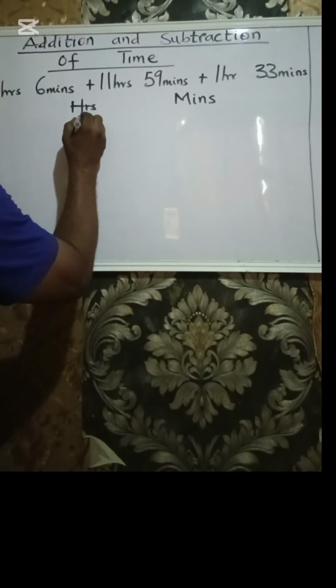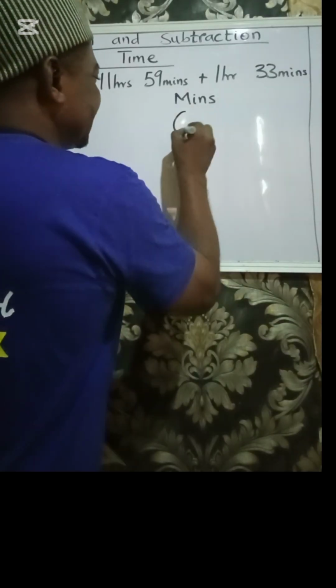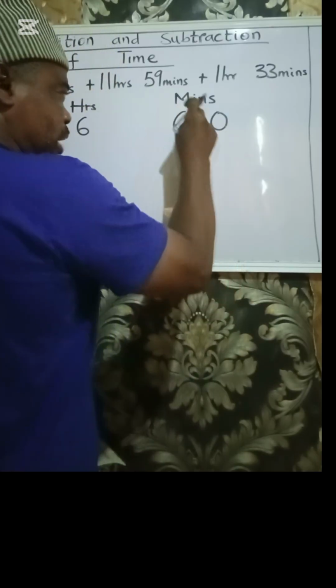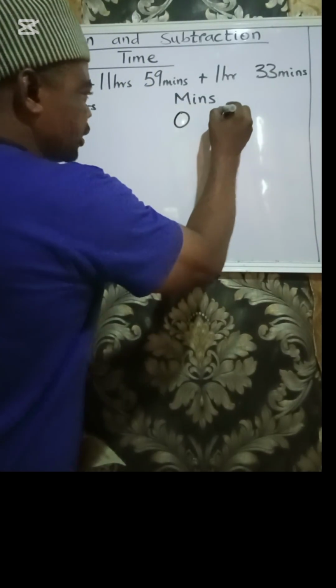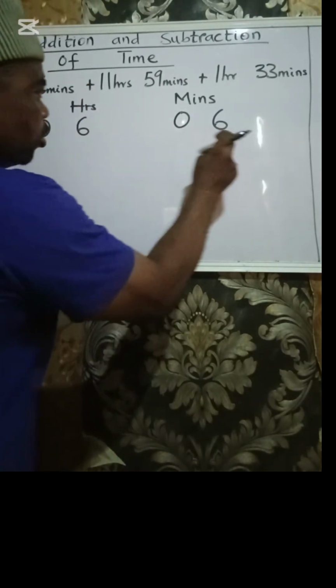Okay, now let's see. This is 6 hours. We want to write 6 minutes. If I write my 6 here and I put 0 here, it becomes 60 minutes. And by the way, 6 is not allowed in this place. Then we have 0, 6 here, and I can do the same thing here: 0, 6 hour, 0, 6 minutes.